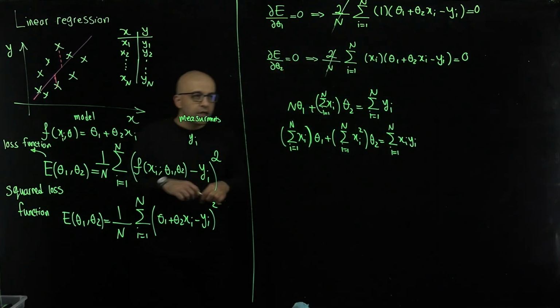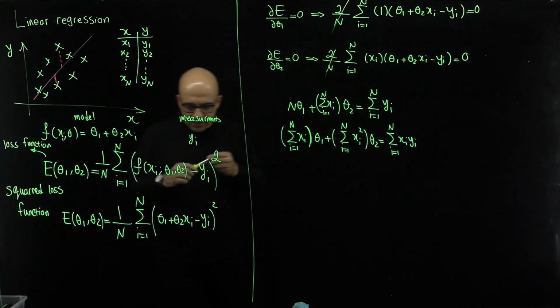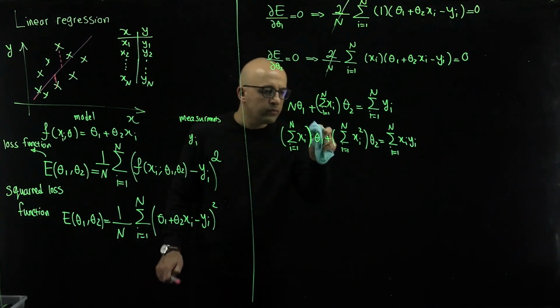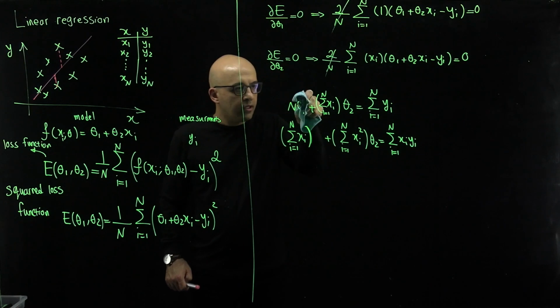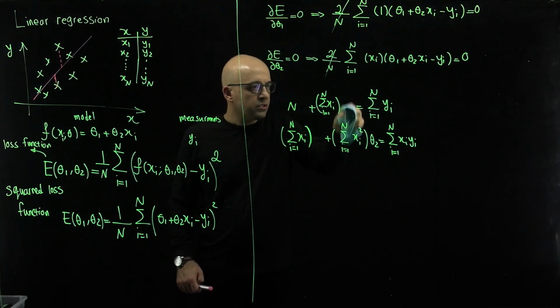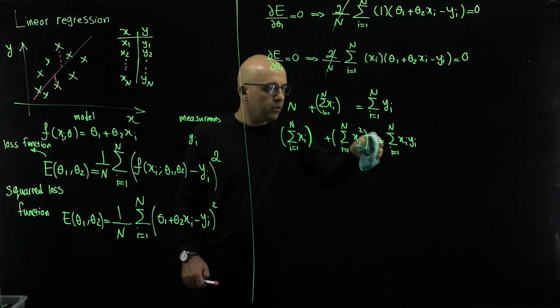So let me just change the color of the unknowns now that we have derived this. I'm just going to change this color to draw the attention to the unknown here.